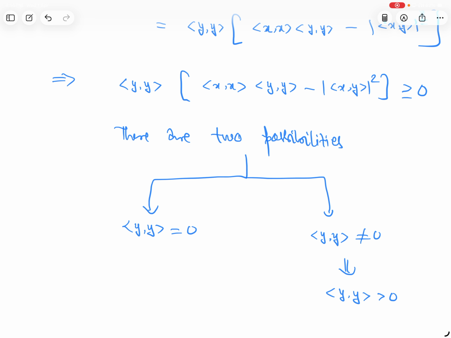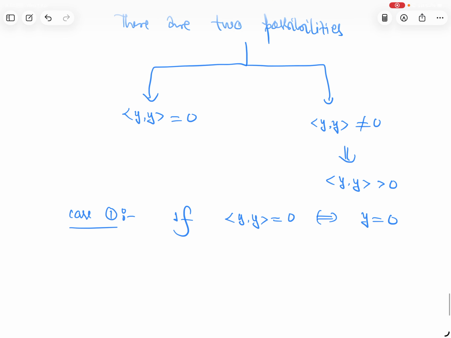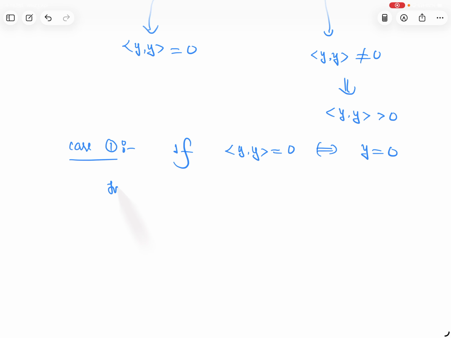So case first: if the inner product of y and y is 0, that means, if and only if y is equal to 0. In that case the inner product of x and y will become 0, and the inner product of y and y is already 0.